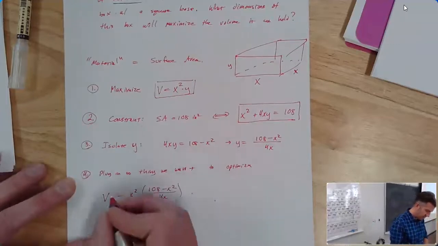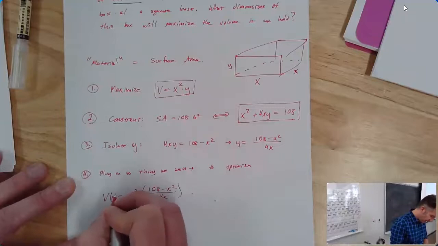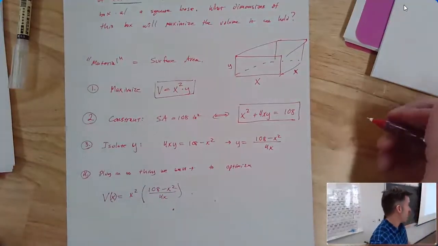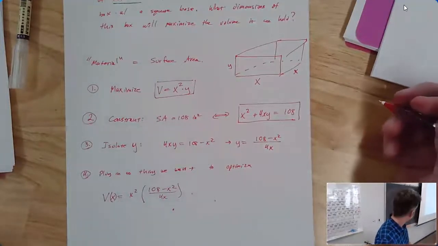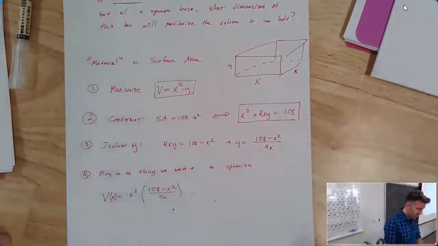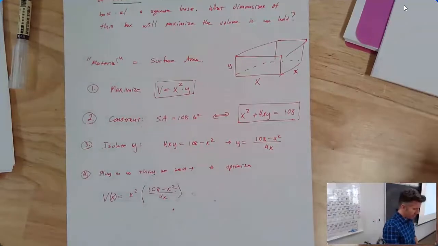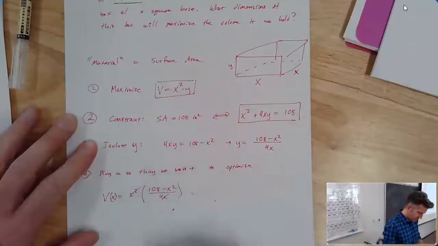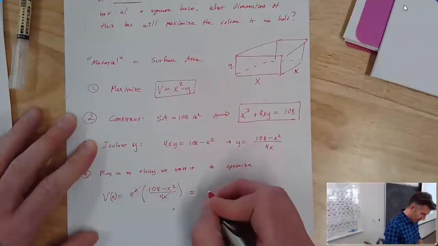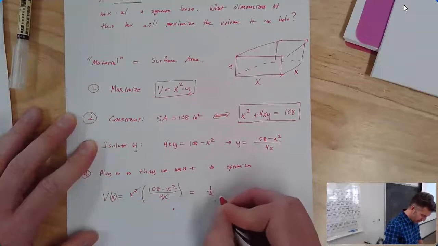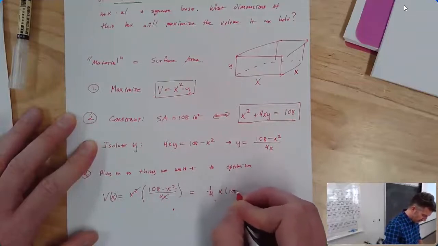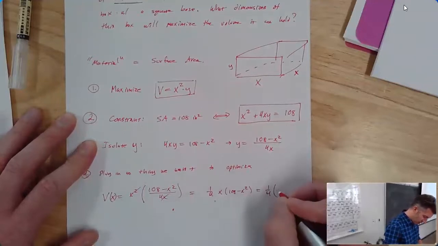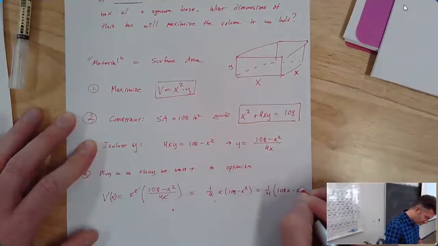And I think it's worthwhile to write this as V of x, to really be like, oh yeah, I'm finding the volume as a function now of just x. Before differentiating, it's probably in our interest to simplify this. I can cancel an x here and an x there. So I can write this as 1/4 times x times (108 minus x squared), or really as 1/4 times (108x minus x cubed).